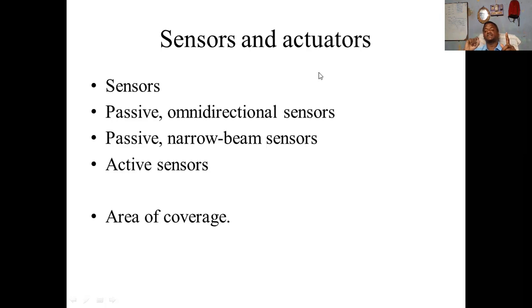So the area of coverage is important. The sensor can detect over the area range, then an average takes place, and then we will get the exact value. So the area of coverage is also important.